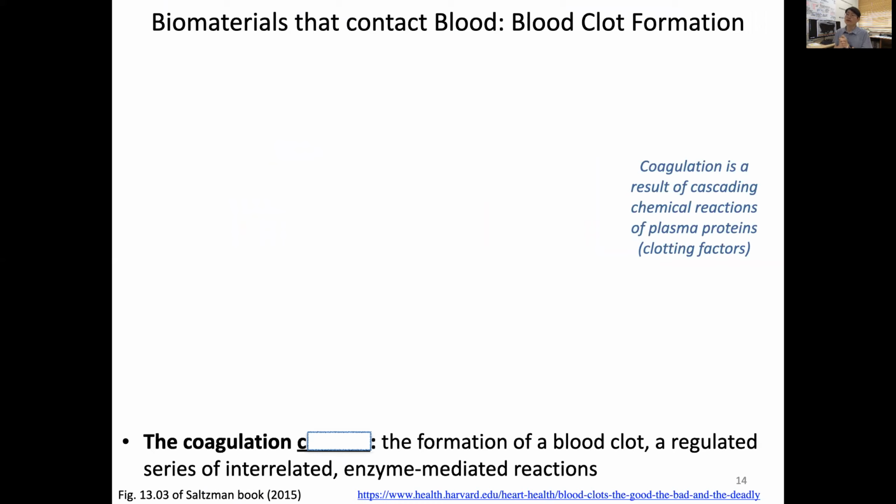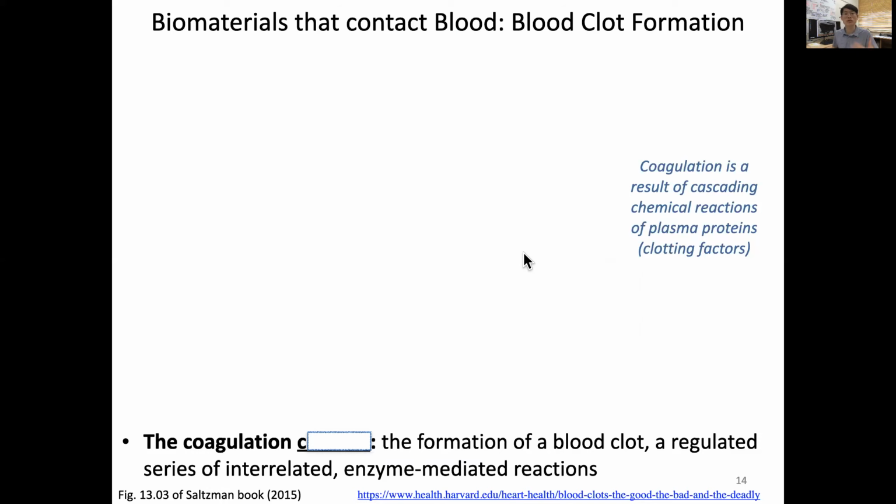For biomaterials in contact with the blood, a very important aspect is blood clot formation, which we call coagulation. This is the result of cascading chemical reactions of plasma proteins, which include clotting factors. This looks a little complicated, but it's very important.